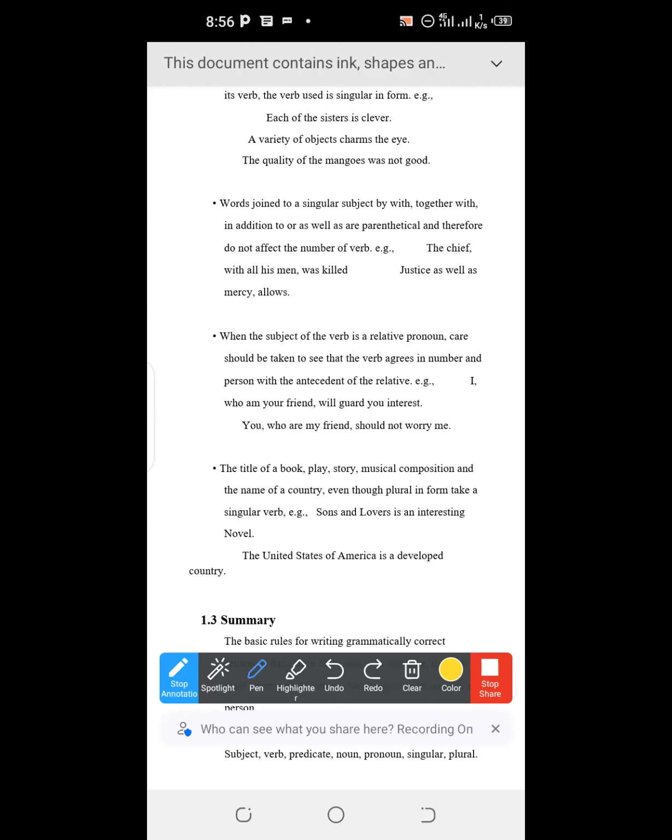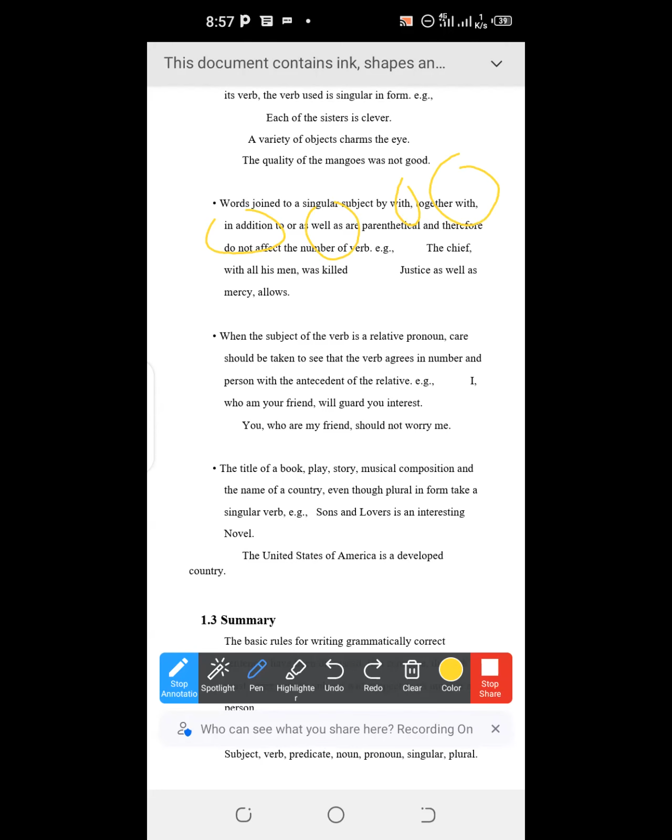If with, together with, in addition to, as well as. When these things are added with the noun, for example, Imran Khan with all his sons comes, not come, because we are not talking about his sons.